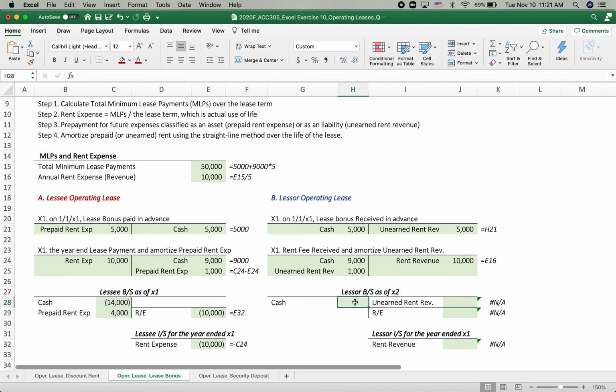Okay, then let's record the cash in $14,000, and then the unearned rent revenue, starting from the $5,000 obligation, should be reduced by $1,000 once the company delivers the service, and then the rental revenue, $10,000, should be recorded in the first year because they delivered the service, $10,000 out of $50,000 total payment. And then the retained earnings should be recorded from this income statement account, rental revenue.